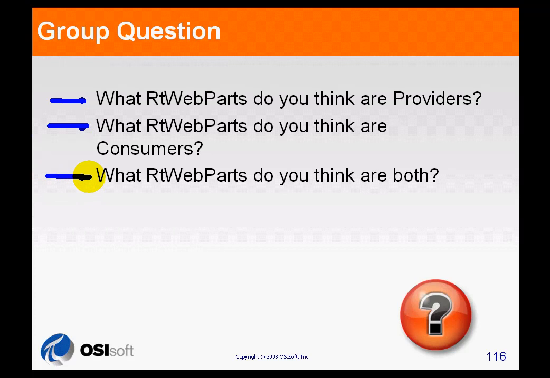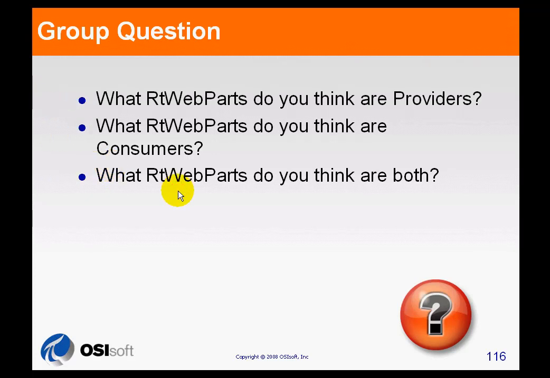Now we do have a couple that are both. You think what those are? We haven't really looked at all of our web parts yet, but there's an RT values web part we've looked at already. That can be used to actually send values to other web parts, but it also can receive start times and end times. And we have an RT table web part that we'll look at later on.